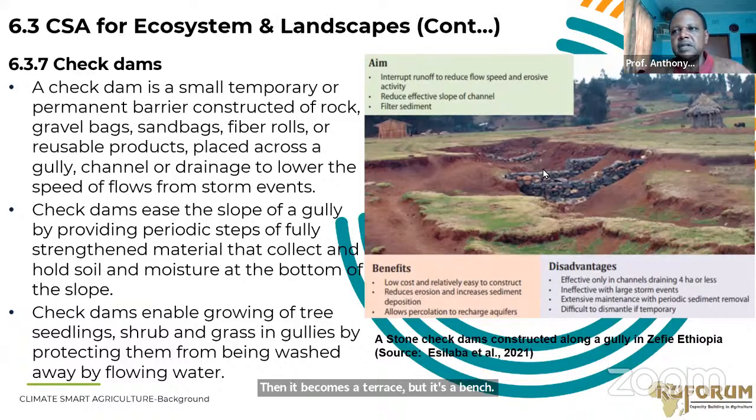The only difference is how wide that bench is. Some are very narrow if the slope is very steep, like if you go to some tea or coffee growing areas. But if it's a bit gentler, then you end up with a wider bench. If again it's too wide, then you end up with contours.